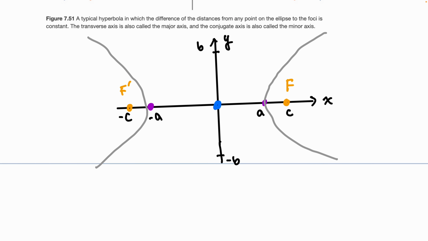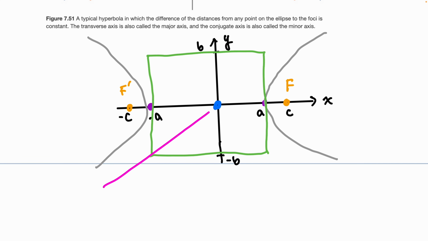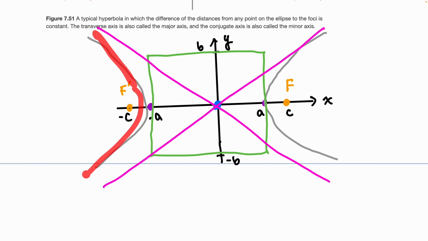well, you might recall, you might have learned about the fundamental rectangle. If we find the B and draw in this fundamental rectangle, my picture is not great at all, the fundamental rectangle gives you diagonals which happen to be asymptotes for the hyperbola.